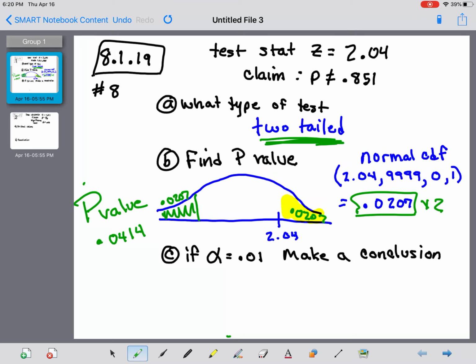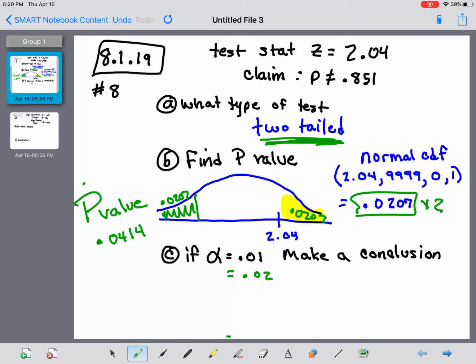Follow the directions on your MyMathLab. I can't remember if it said to round to 2 or 3 places, so pay attention to that. Then we want to compare that to alpha being 0.01. Since alpha is 0.01 and we have a two-tailed test, we divide it by 2.